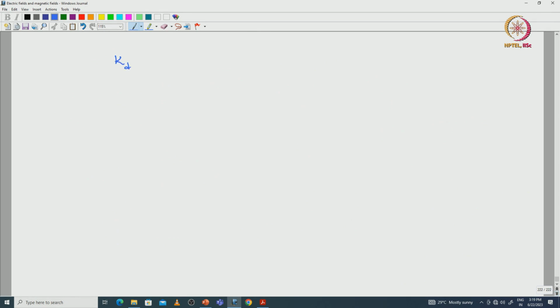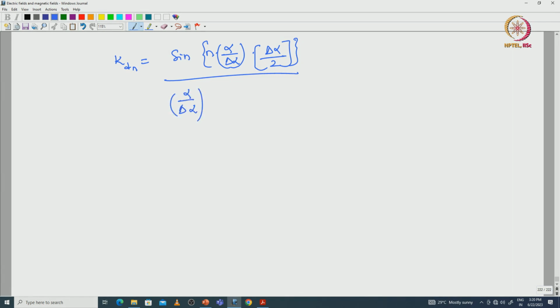Now the skewing factor KDN is equals to sin n into, instead of Q we can substitute alpha divided by delta alpha, into angle beta, beta or alpha is equals to delta alpha with respect to the small straight bar, divided by alpha by delta alpha, that is Q into sin n into delta alpha by 2.